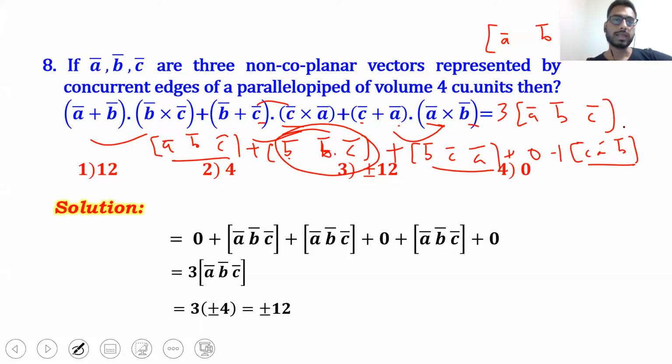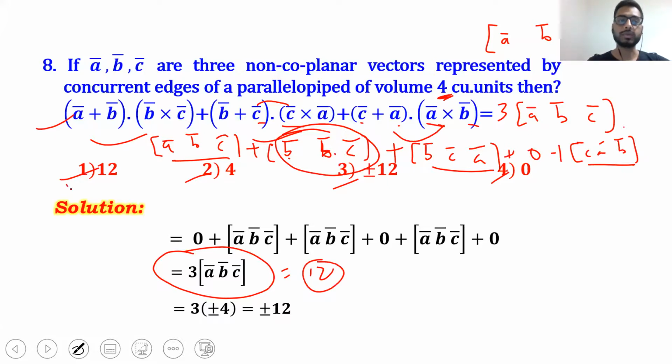Now my answer is not just to find this term. I have to find whether the value is 12, 4, plus or minus 12, or 0. So I got my answer as 3 times ABC. The volume was mentioned as 4. So we can directly write 3 4s are 12. But there are two options, 12 and plus or minus 12.